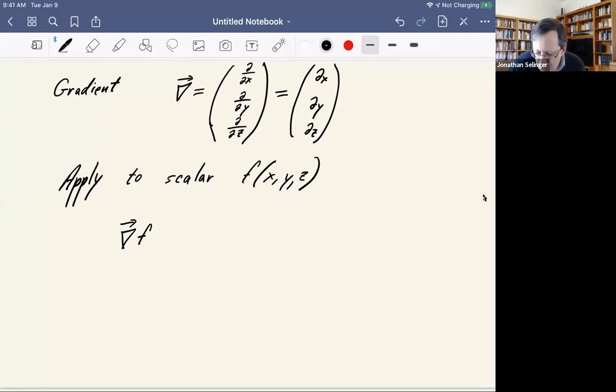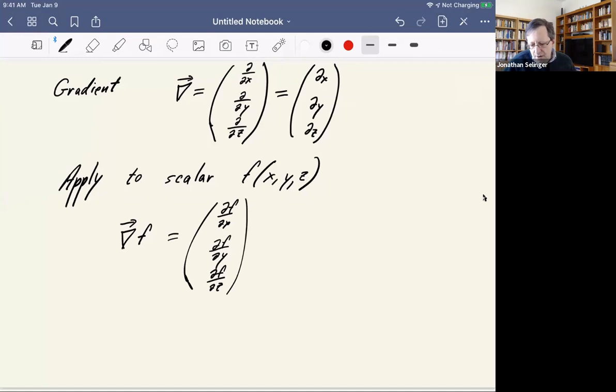The grad f, which means partial f partial x, partial f partial y, partial f partial z. So this is taking the three derivatives of any function f and putting them into a vector. Or in this more compact notation, we could write it as grad x f, grad y f, grad z f, like that.